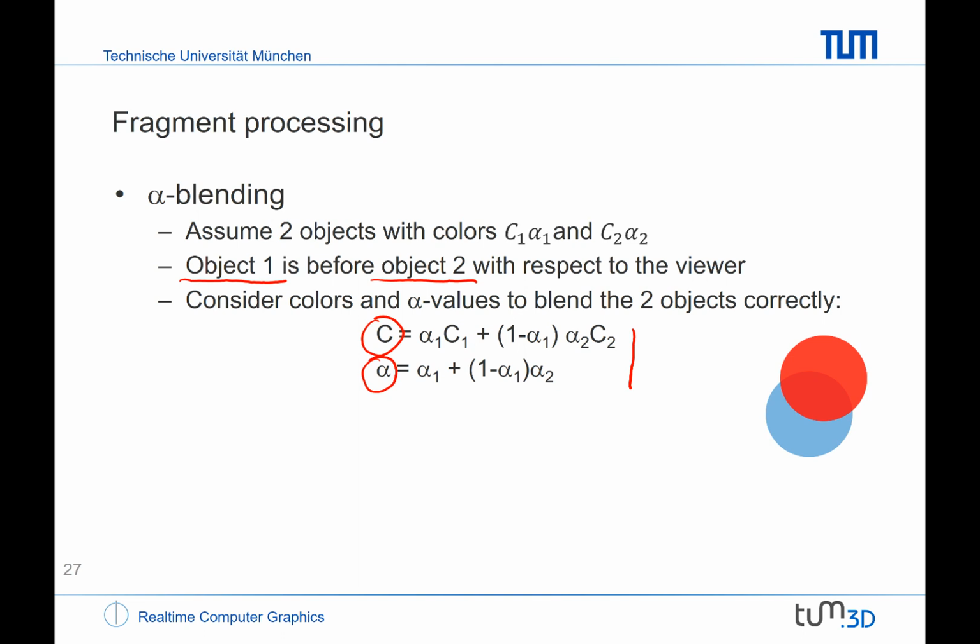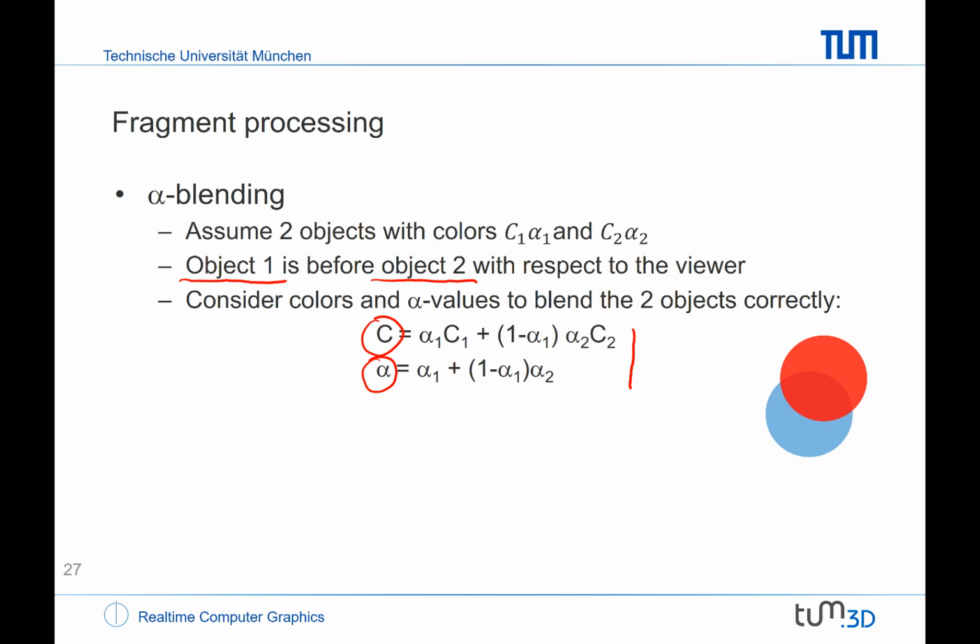Because if object 1, which is supposed to be before object 2, has a very high opacity, then nothing of the second object will be seen or will shine through. But if it has a very low opacity, then of course the contribution of the background object 2 will be rather high.